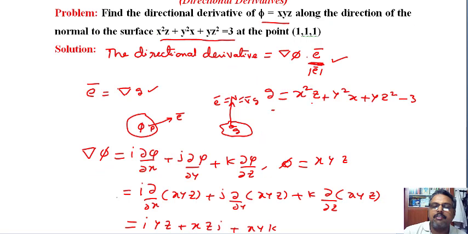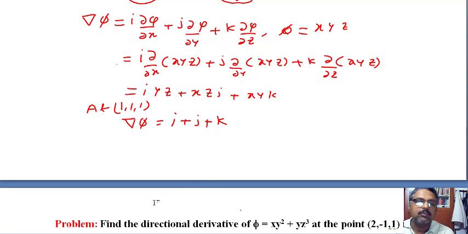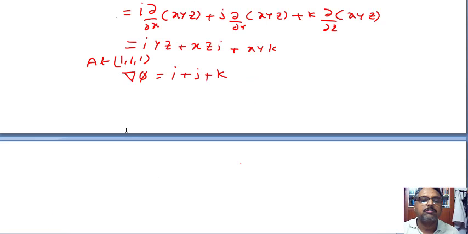Now we will find del g for finding E bar. What is g?